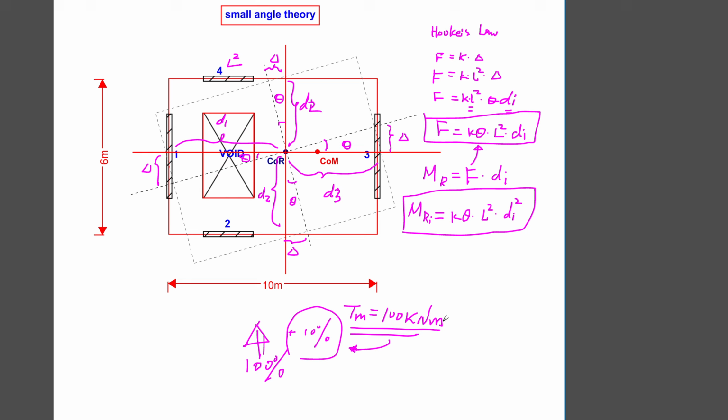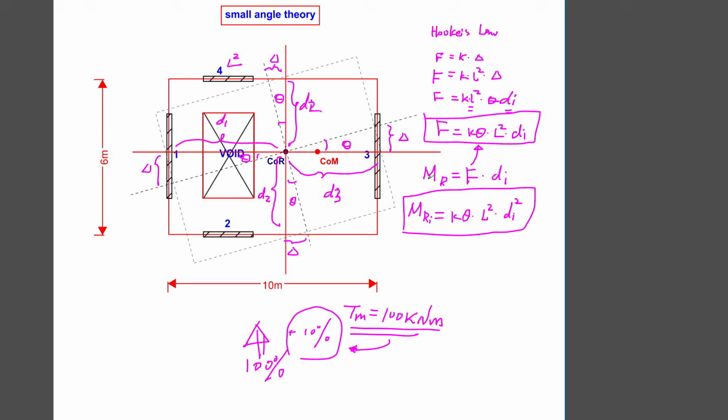So I've got a torsion moment here, and we need to know what these walls are taking because of this torsion. We work this out from Hooke's law, and we work out the induced force, that is k theta times L squared times the perpendicular distance to the wall.